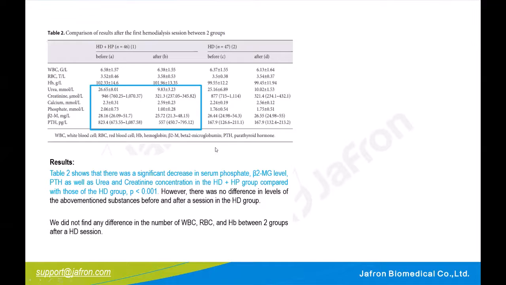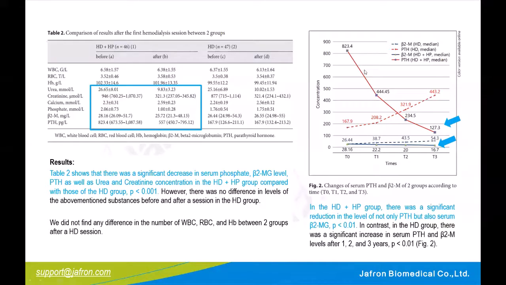And also there was no difference in white blood cells, red blood cells, and hemoglobin between these two groups, which shows the safety of the combination of hemoperfusion plus hemodialysis therapy.